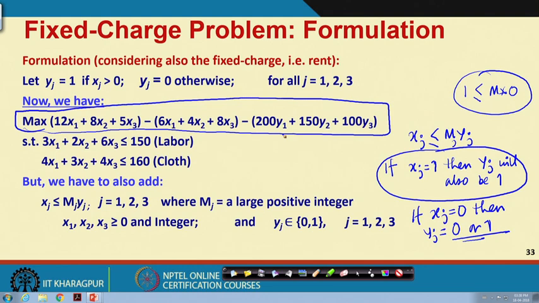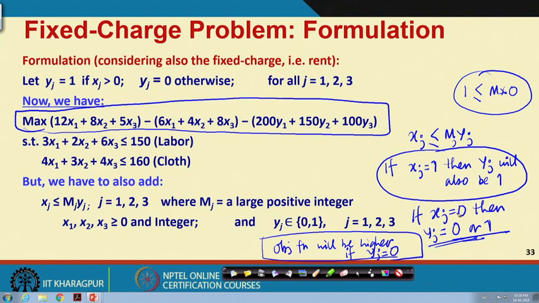Can you see that the objective function will be higher if yj equals 0? If xj equals 0, that this activity is not there, then it is a maximization problem.